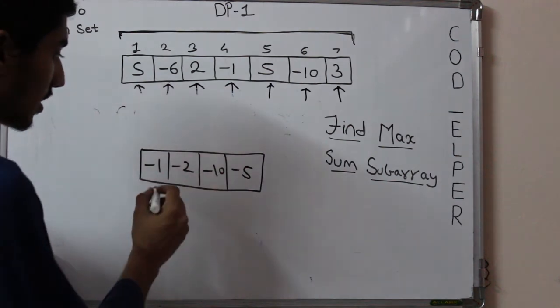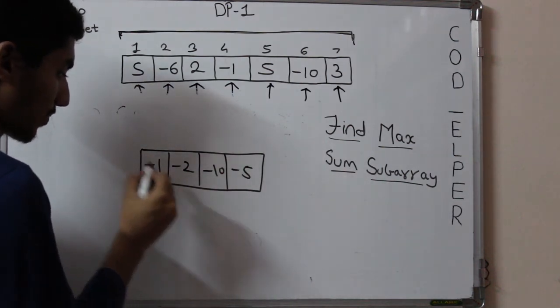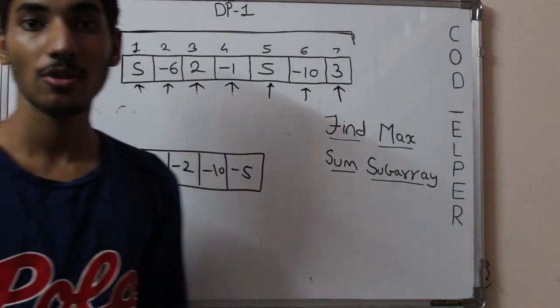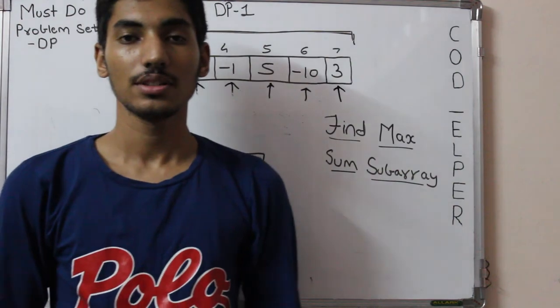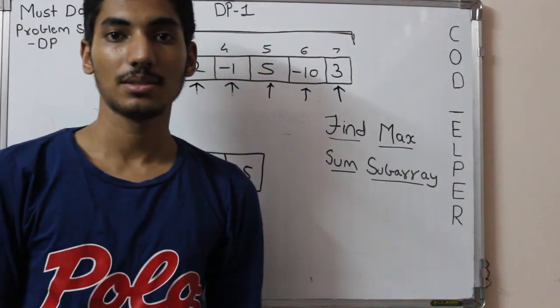Here the maximum sum subarray is of only one element. So one precondition: if all the elements are negative, then we have to print the element which is maximum.